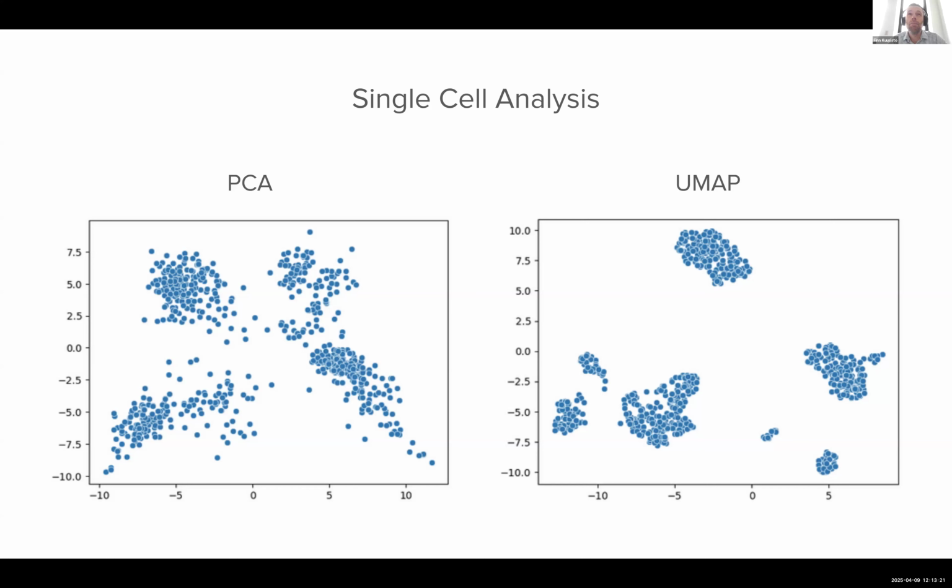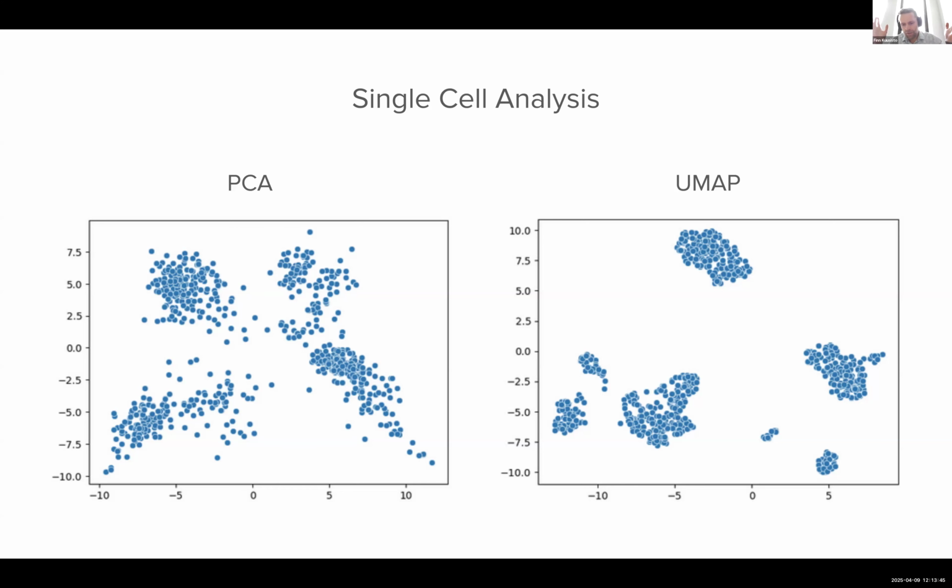UMAP stands for Uniform Manifold Approximation and Projection, I think. Hopefully I got that right. This is a more recent, really popular way of dimensionality reduction in single cell analysis that, as you can see, seems to capture a little bit more information. We can see groupings of cells that might be more informative than looking at it through a traditional PCA.